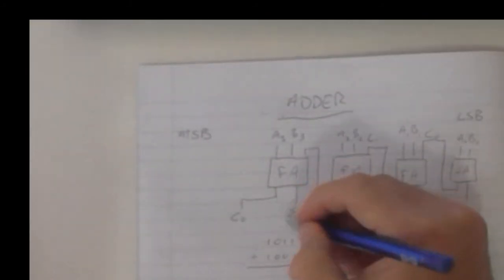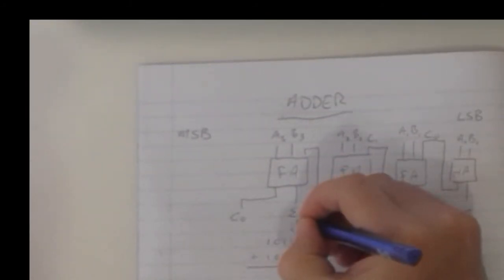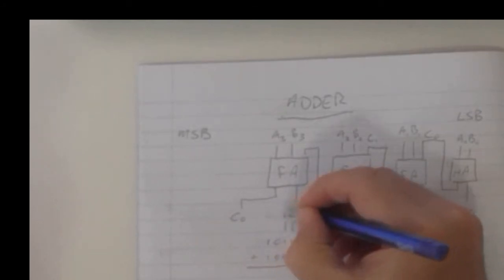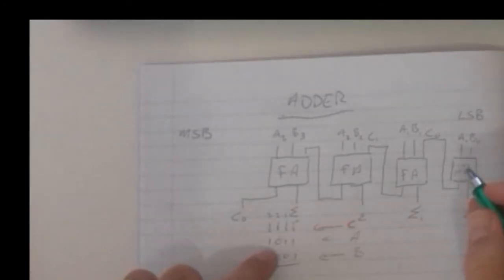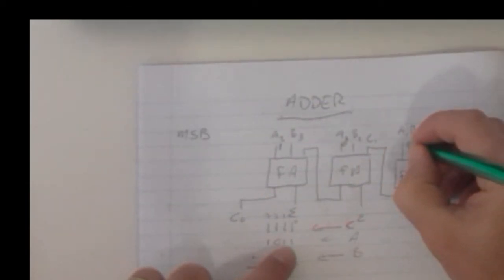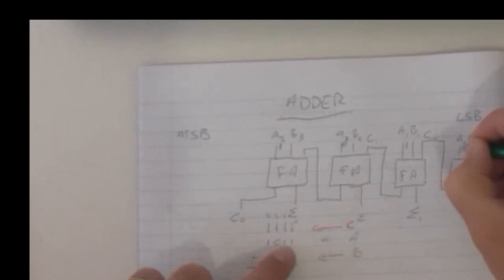Now just to simplify this, this column is my 0 column, that is my number 1 column, that's my number 2 column, that's my number 3 column. Okay, so we've got green for the A's. Most significant bit over there is a 1, then that's a 0, then there we've got a 1, and there we've got a 1.